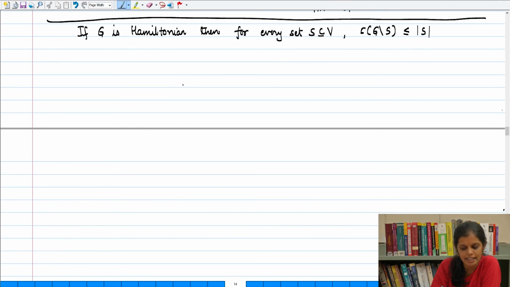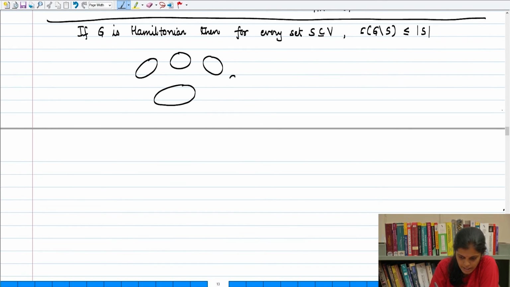So let us take any set S and remove it from the graph, right? So take any arbitrary set. How do you expect the graph to decompose? It will get decomposed into several components. We don't know how many, so we will say that there are some k components, right? So we will call these components C1, C2 up to some Ck, right?